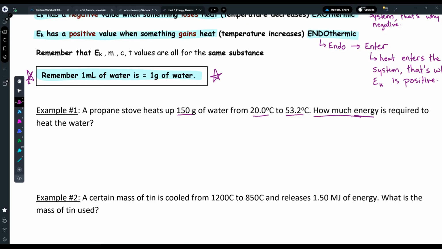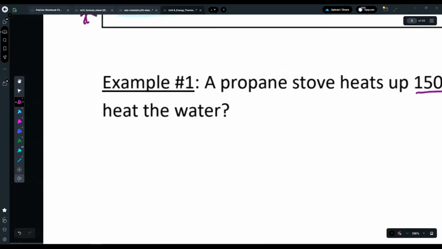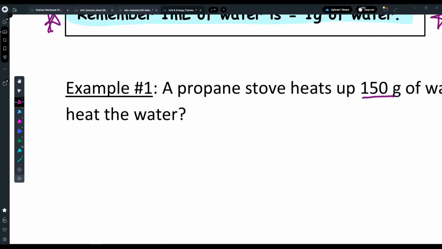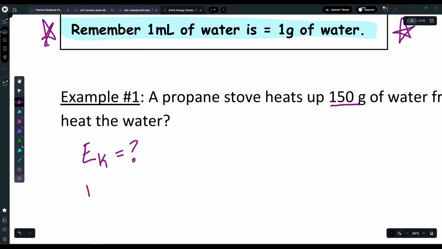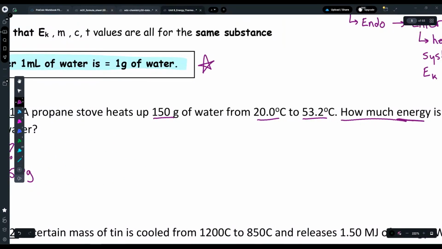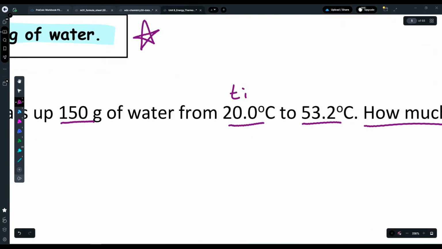Because we're asked how much energy and a chemical reaction isn't happening, just a temperature change, that's why we know that we are looking for kinetic energy. We were also given a mass of 150 grams, and we were given two temperatures. The first one is going to be our initial, and the second one is going to be our final.